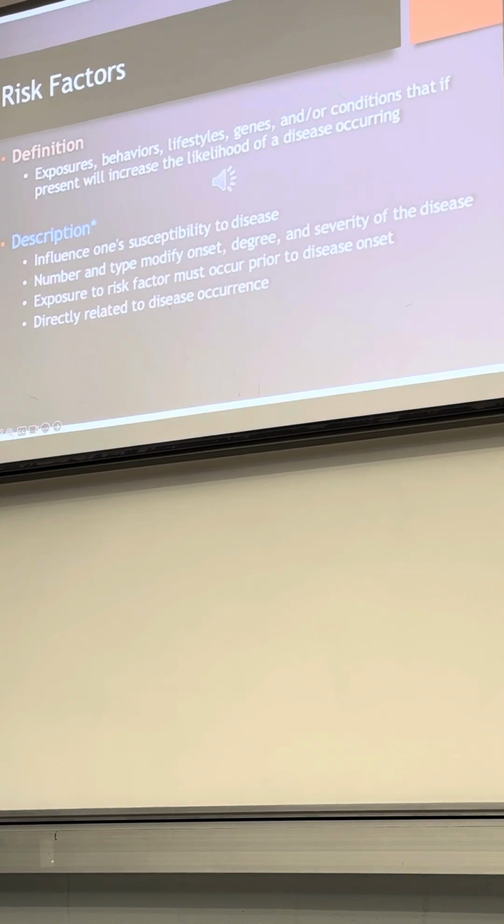When those are present, that's the likelihood, again, that probability that they're going to develop that disease. This influences their susceptibility to that disease. The number and type do modify the onset or the degree or even the severity of the disease.